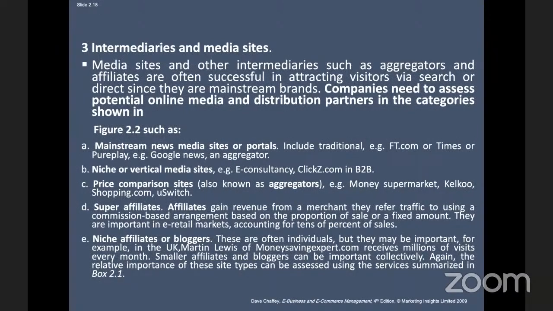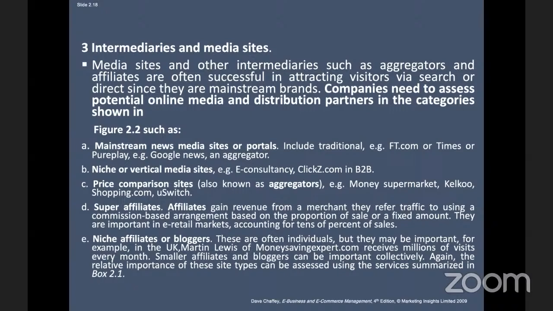Then the third one is intermediaries and media sites. Media sites and other intermediaries such as aggregators and affiliates are often successful in attracting visitors via search or direct since they are mainstream brands. Companies need to assess potential online media and distribution partners in the categories shown in figure 2.2.